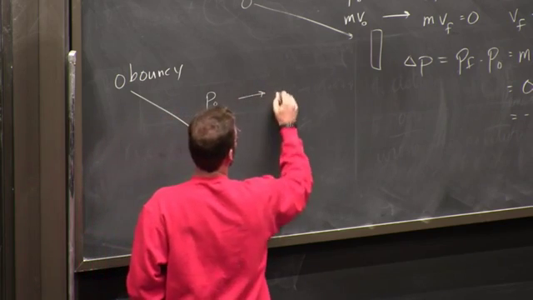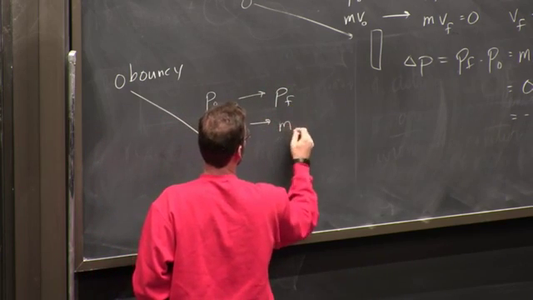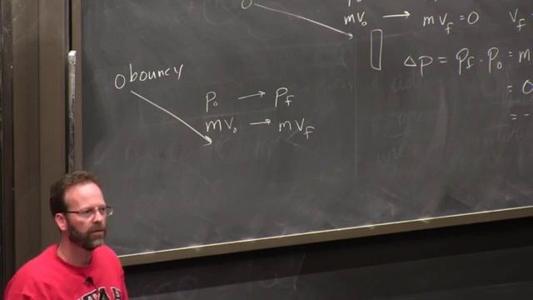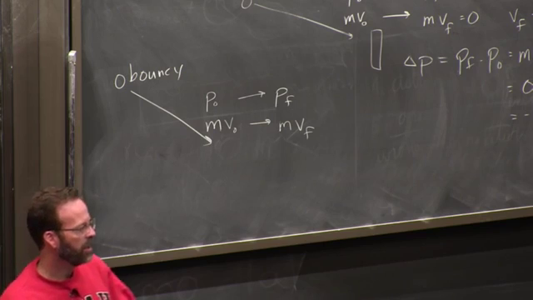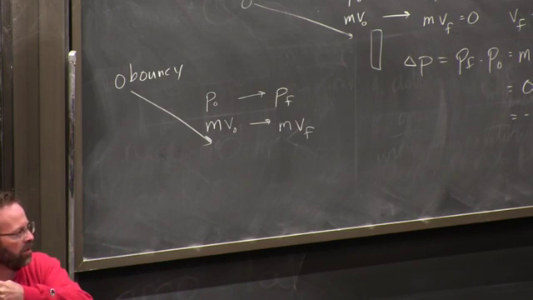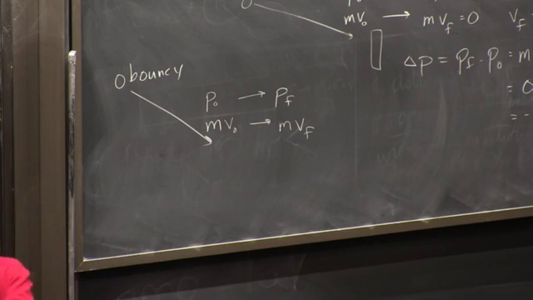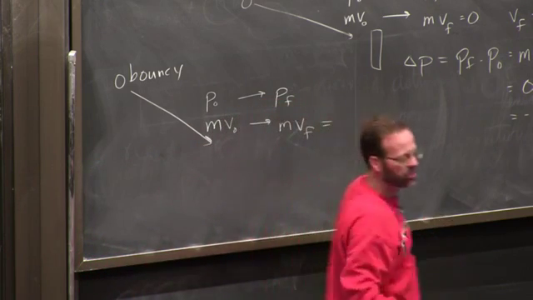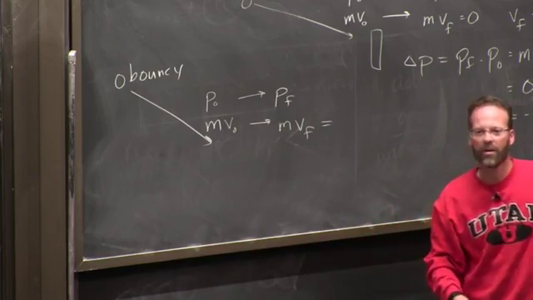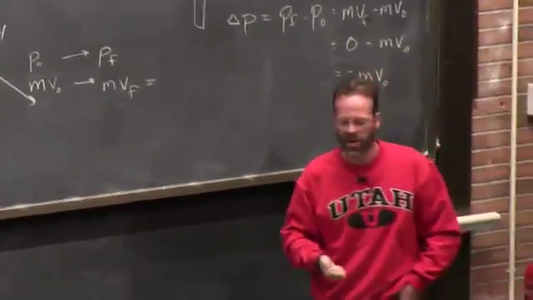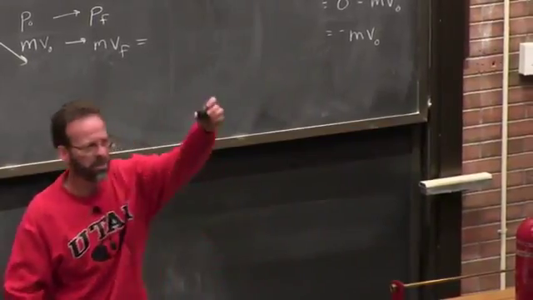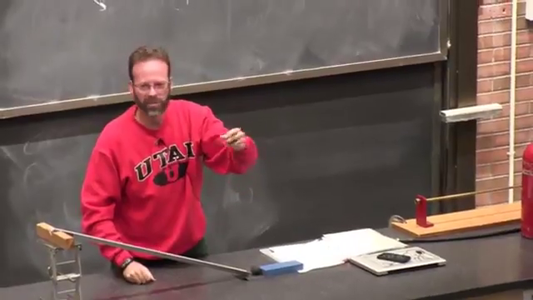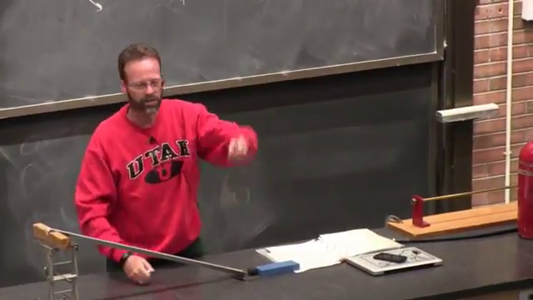What's its final momentum? It rebounds and bounces back this way, so it has some momentum in this direction. We'll idealize it for now. Let's say it rebounds with the exact same velocity it came in at. It comes in with v, goes back up with v. In real life, it comes back a little slower, but let's just make our math easy for now.